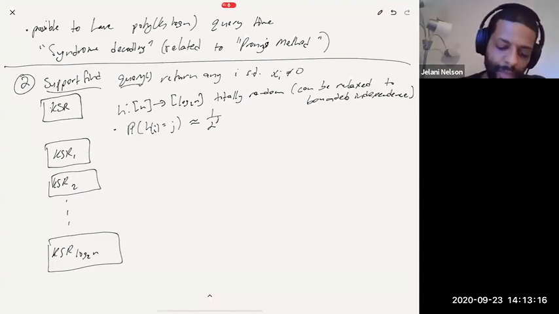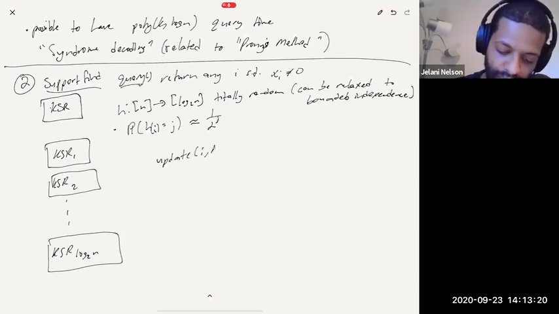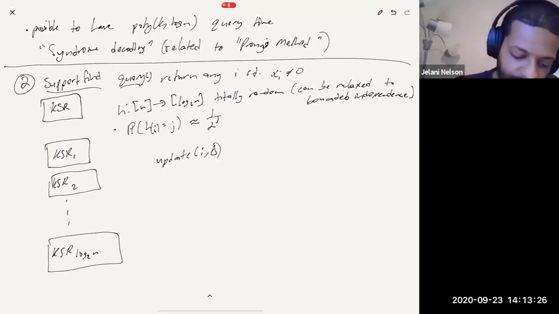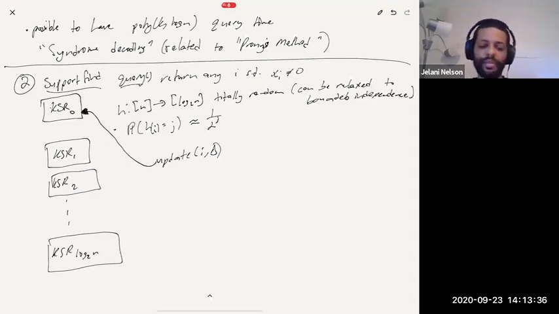And when someone says update i, delta, what I'll do is, let's call this KSR 0. I will always feed every update into KSR 0. But then I'll also feed it into a random one of the other KSRs based on h.